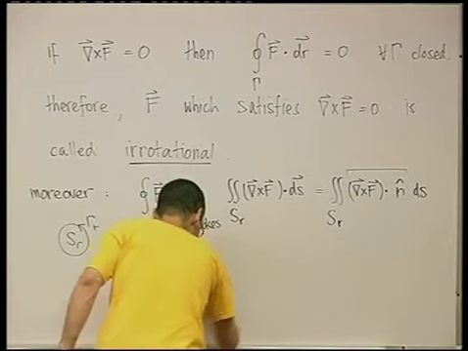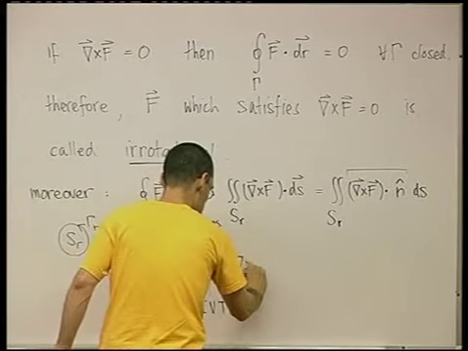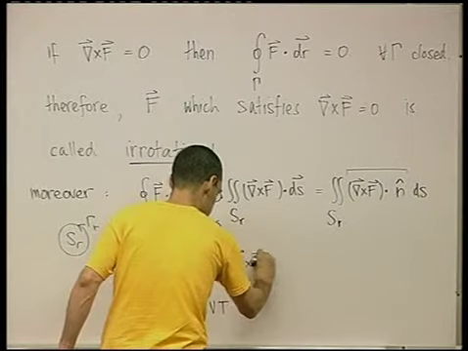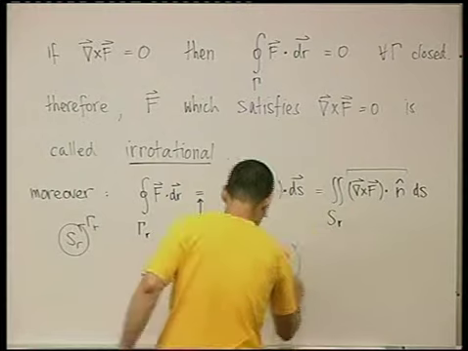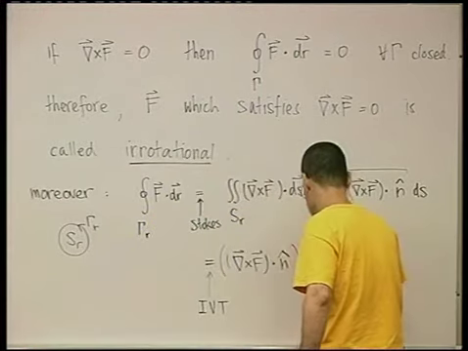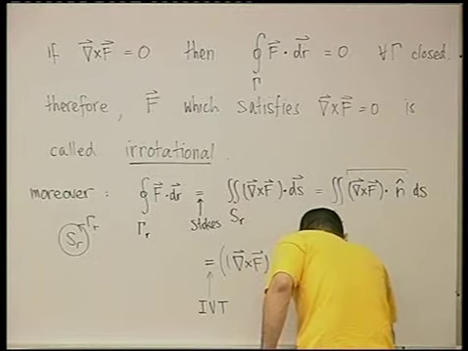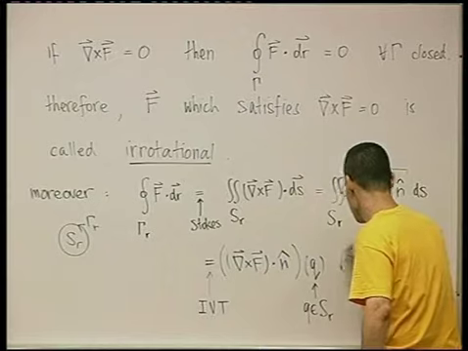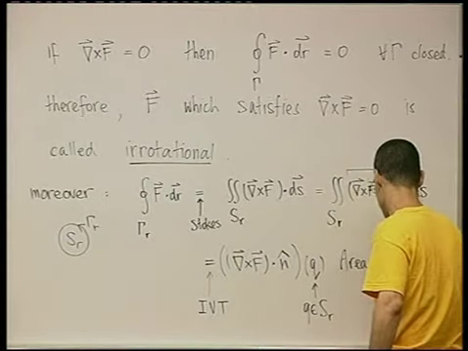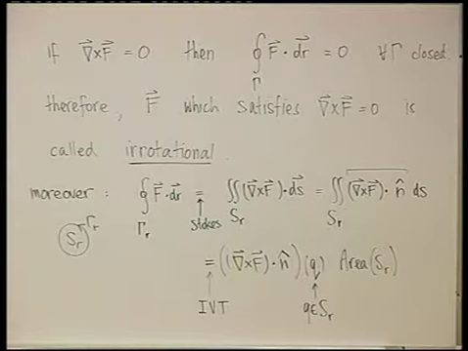So by the intermediate value theorem, this equals the rotor of f dot the normal, evaluated at some point, let's call it Q, where Q is some point inside this SR, times the area of SR, which is, of course, pi r squared.